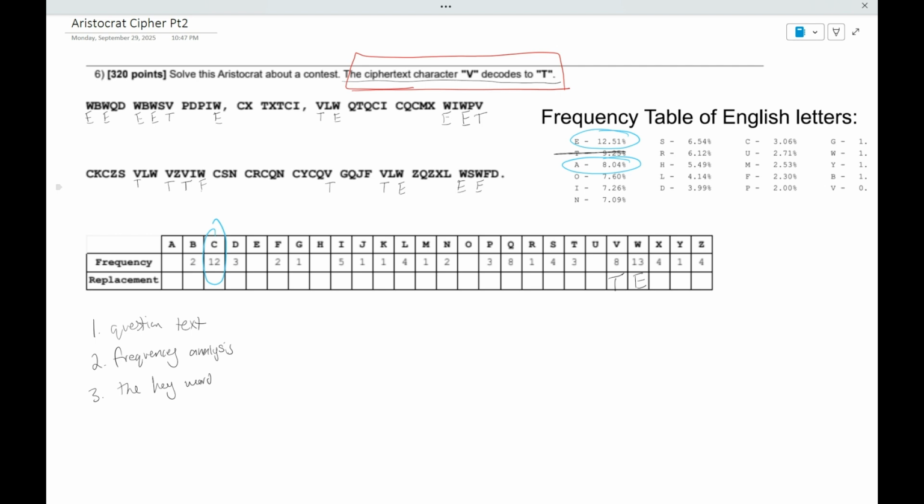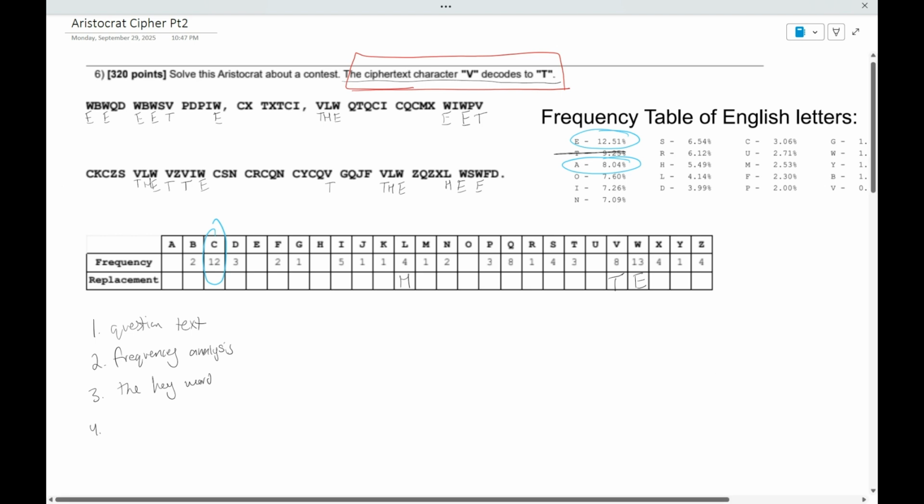So given that W is E, then I think it's pretty safe to assume that L is going to be H. So if we go ahead and fill those in, right here. Okay, so that's our third step.